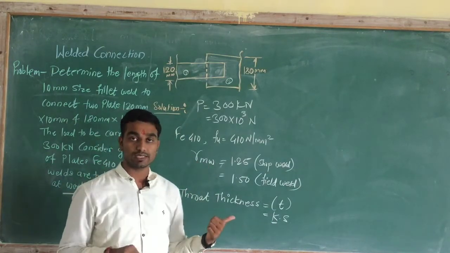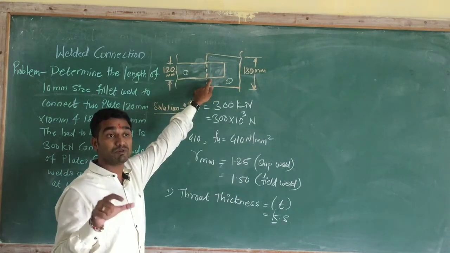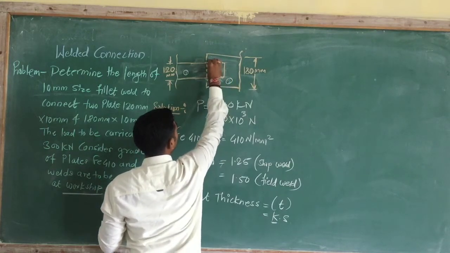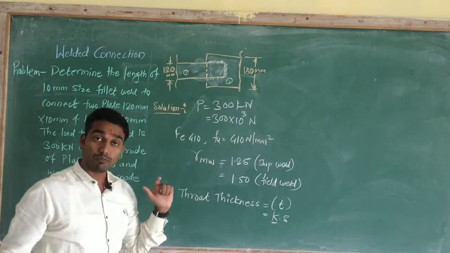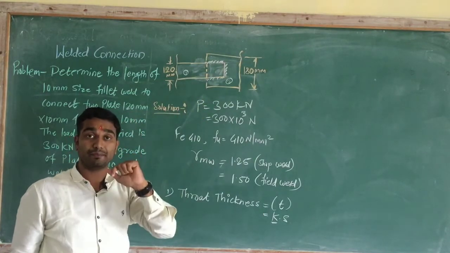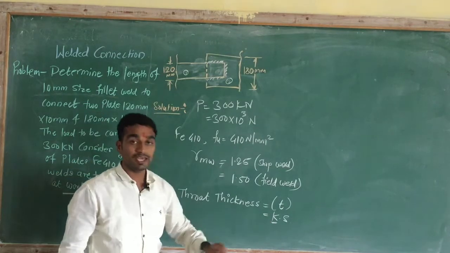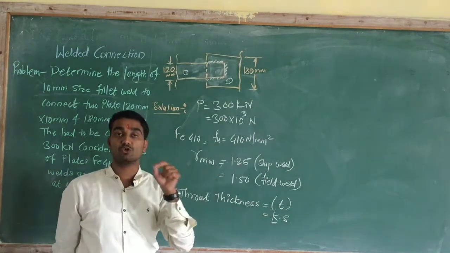In most of the cases, angle between the fusion faces means angle between the welding. Suppose we have to provide the welding here, here and here. In most of the cases the angle between these two faces is 90 degree, and for that 90 degree angle the value of K is 0.7.